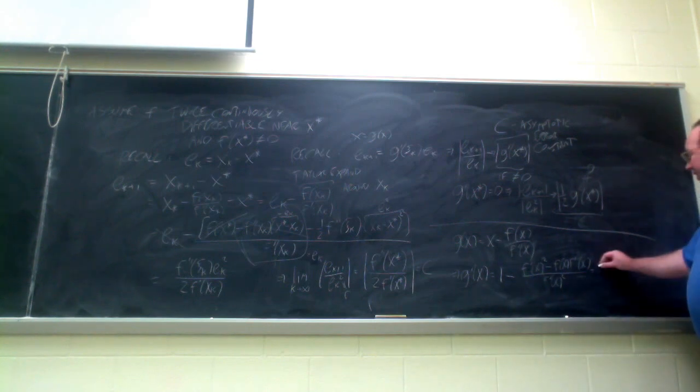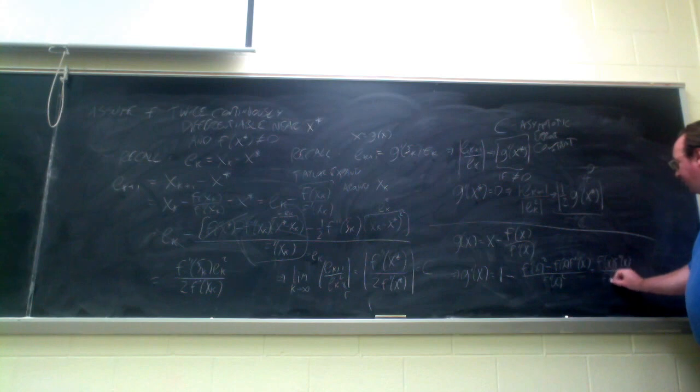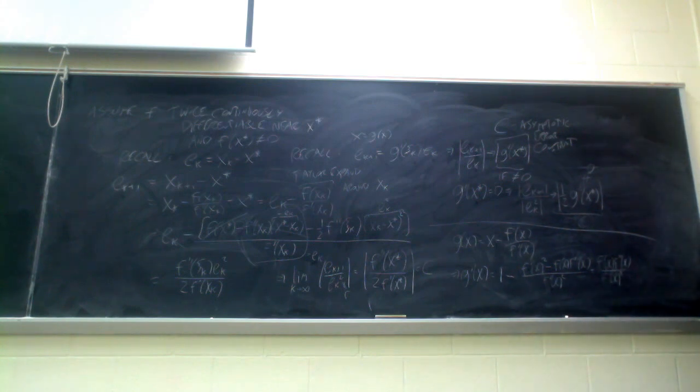And what you get is f, f double prime over f prime squared. Now, what if I plug the root into that? What am I going to get? 0, because x star is a root of f.